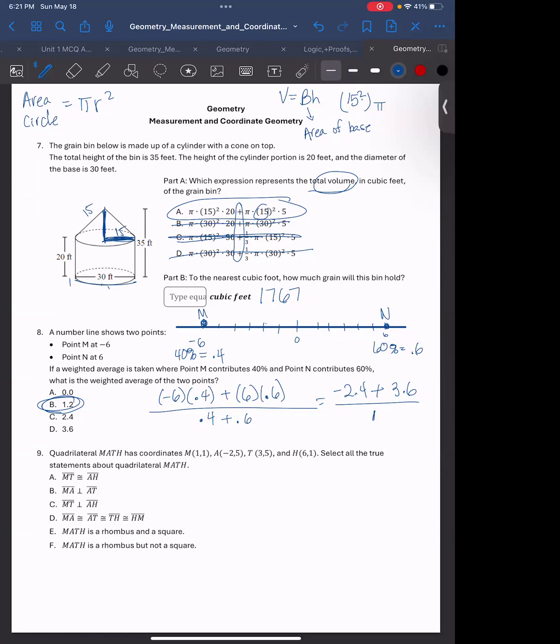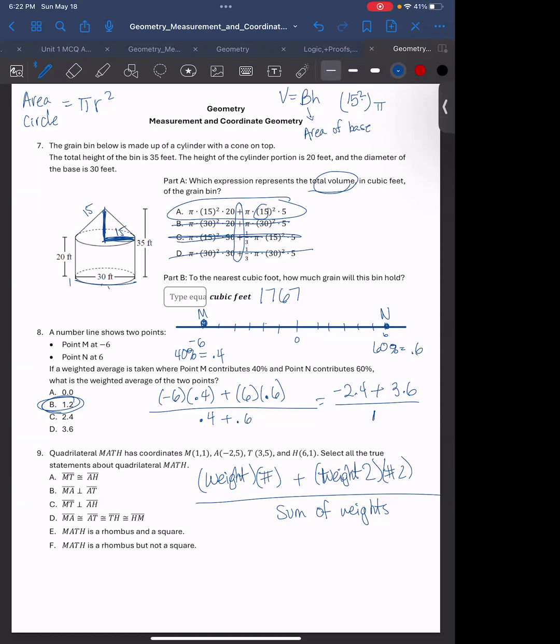So for the weighted average, it's always the weight times the number plus the other weight, we'll call it weight 2, times number 2, divided by the sum of the weights. We'll do more of these tomorrow because this one isn't on your reference sheet.